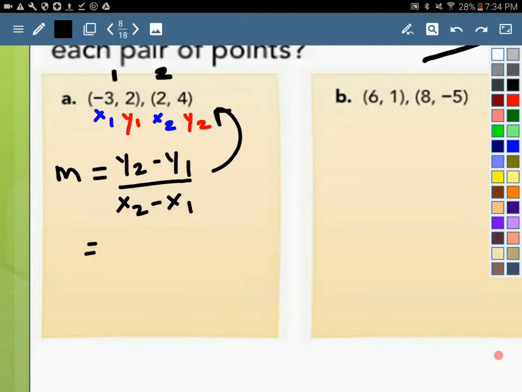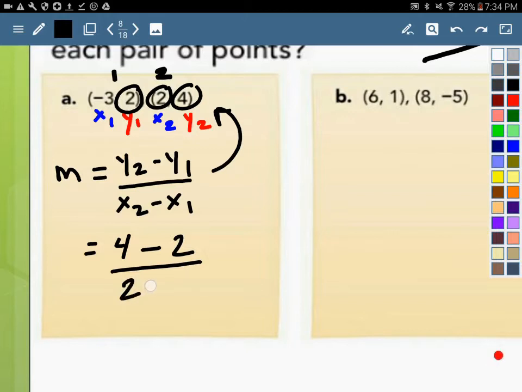Well, the one that I labeled y2 is this one. So y2, which is 4, minus y1, which is 2, divided by x2, which is this one, 2, minus x1, which is negative 3. Now, please make sure you write that negative in there. I should have a minus negative 3 at the bottom. It's always minus. The formula is always to subtract the 2 points.